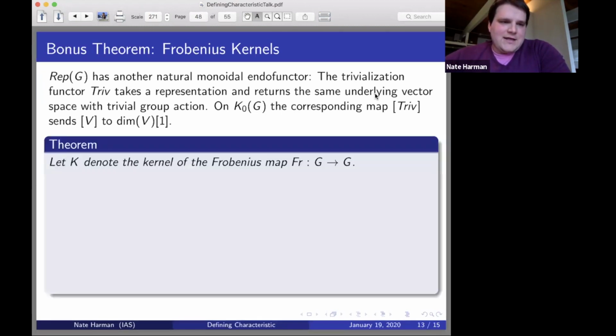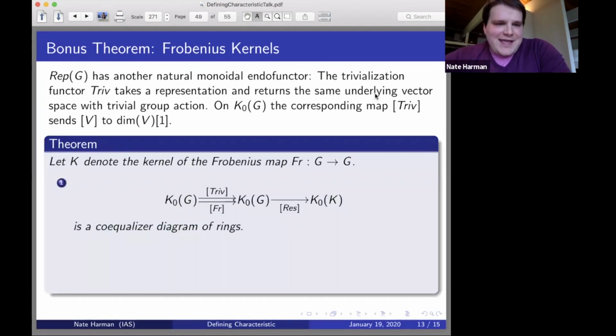And so the theorem about Frobenius kernels, so I'm going to let K denote the Frobenius kernel because I'm bad at notation, is I can take a co-equalizer of this trivialization map and the Frobenius twist, and that's a co-equalizer for rings.